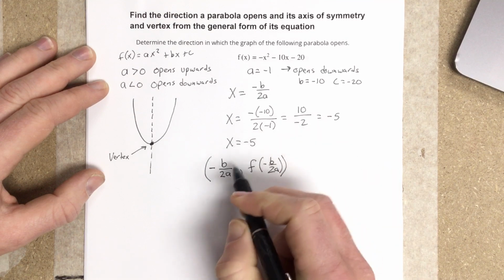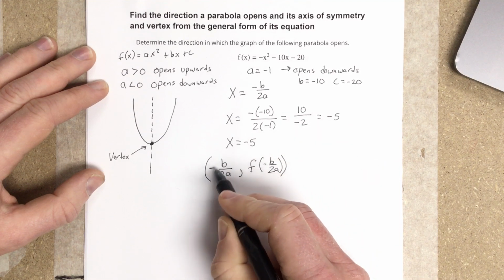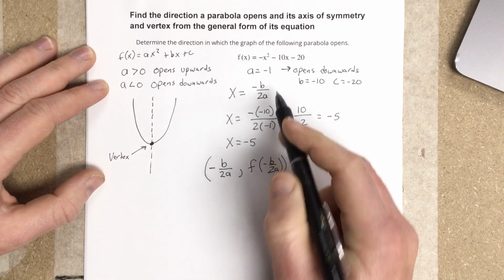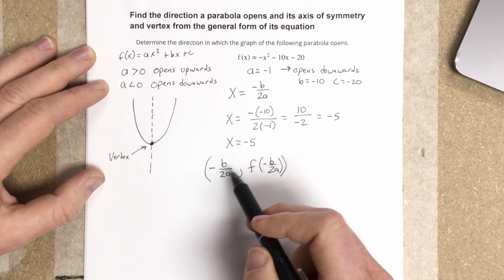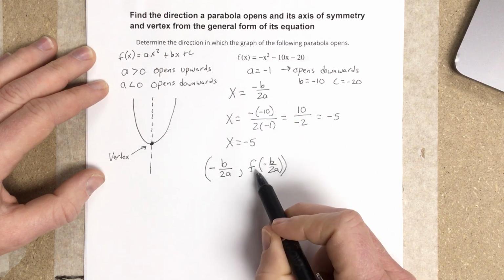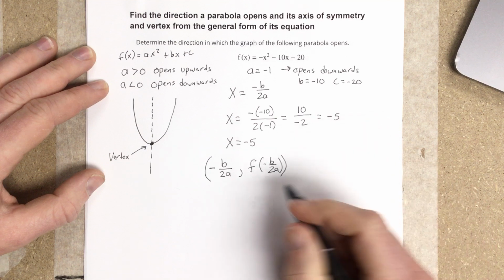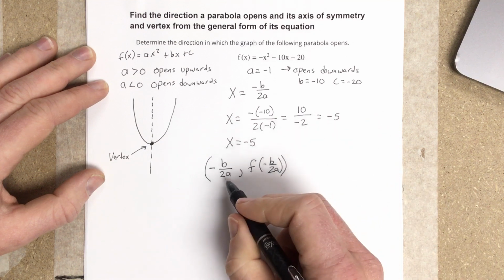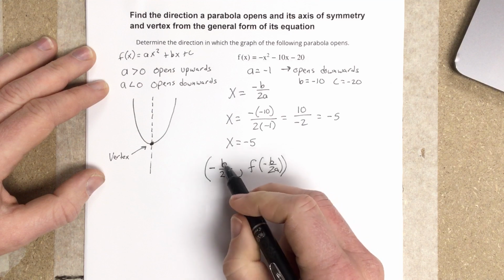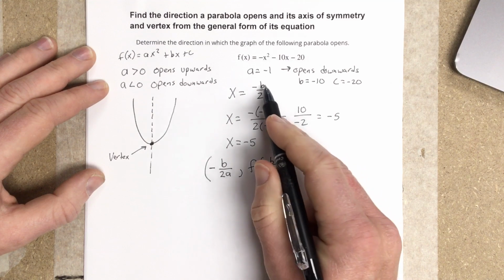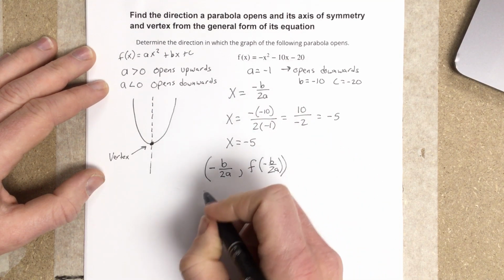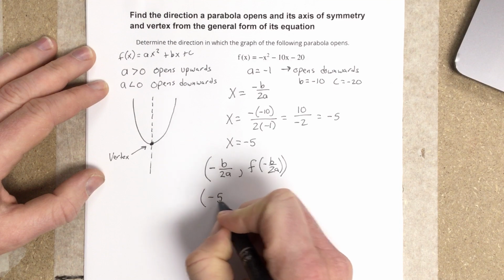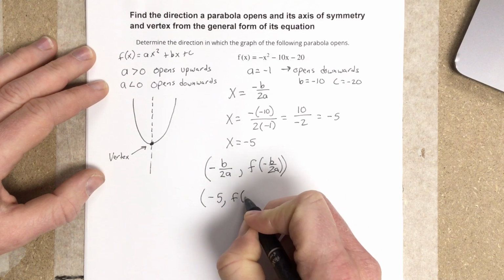Basically, if I find the axis of symmetry x value, -b over 2a, and then plug that x value into the function, I'll get the y value, and then I'll have the coordinate for the vertex. I already know that -b over 2a produced -5 because I just did it there. So I can write that as -5, comma, f of -5.